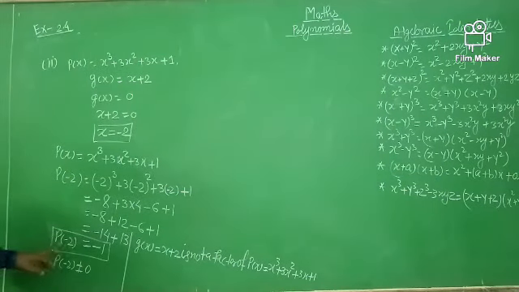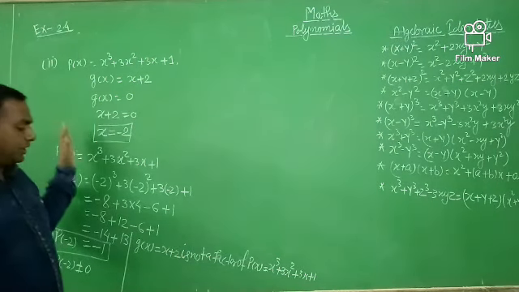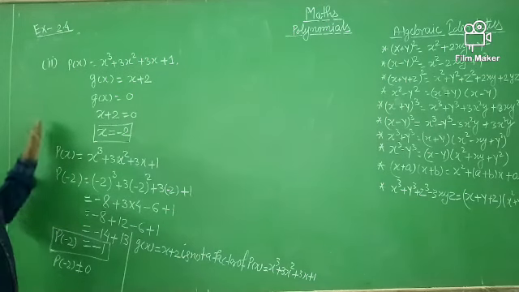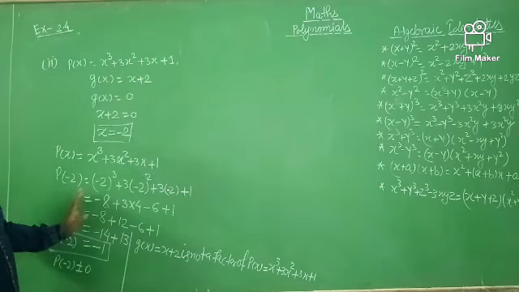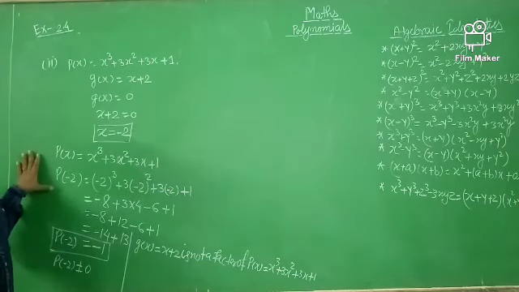But if p(minus 2) is equal to 0, then you can say it is a factor of the given polynomial. So if you want to find a factor, you apply this formula. If it is equal to 0, it is a factor. If it is not equal to 0, it is not a factor of the given polynomial.